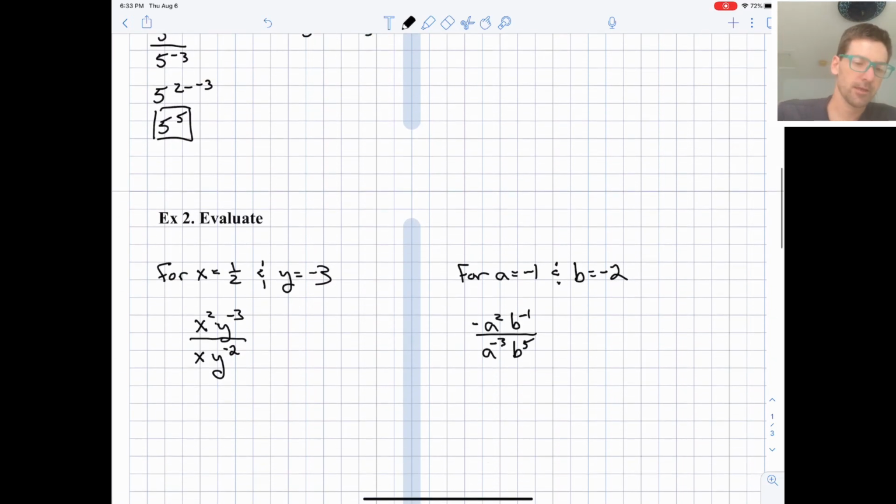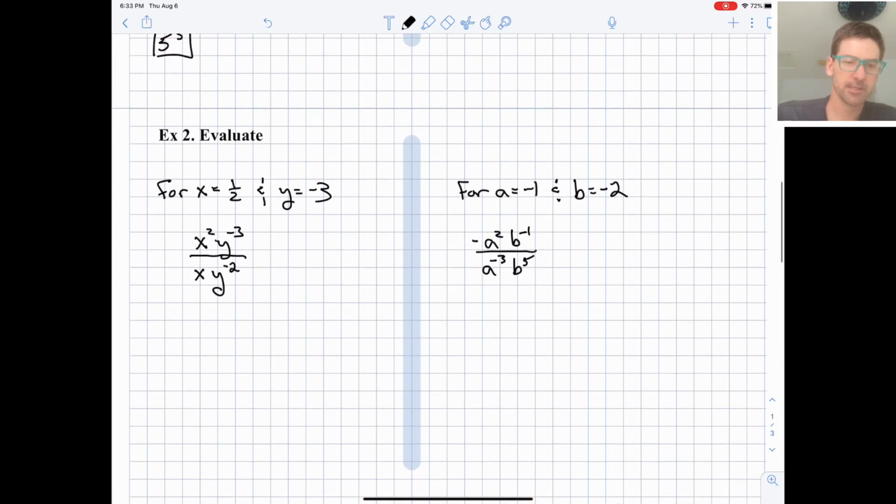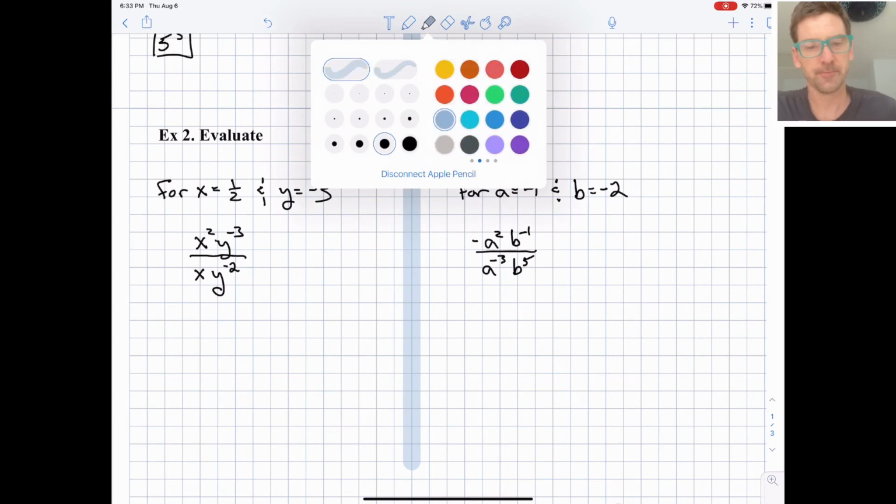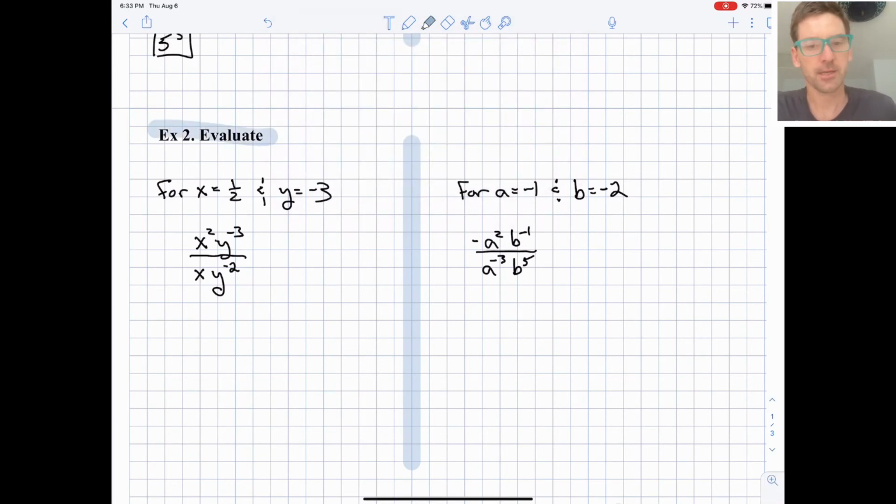All right, and then our next example here, let's do a little bit of evaluation. Remember, that just means we're going to plug in. We're going to try to simplify as much as we can first. So what I see for this first one, I want to trade those y's, get rid of those negative exponents.